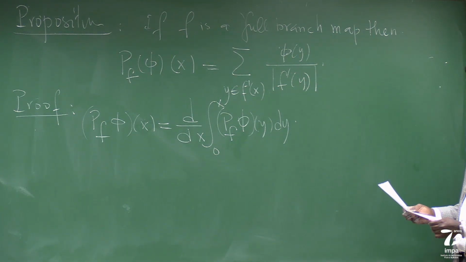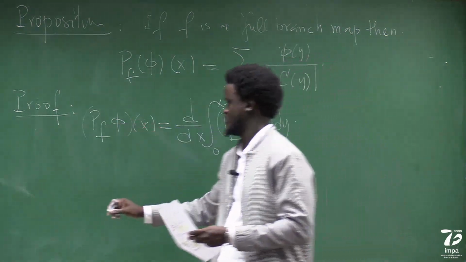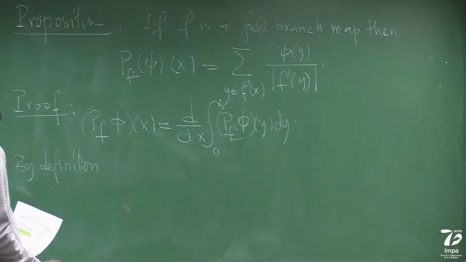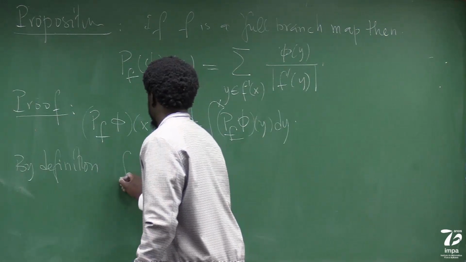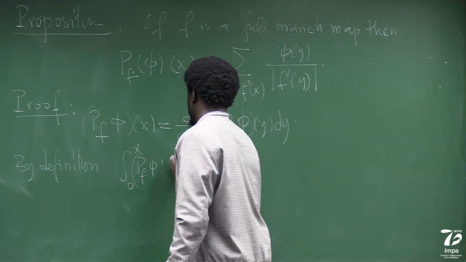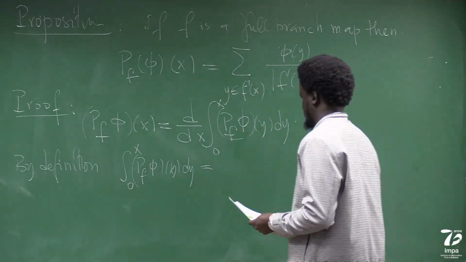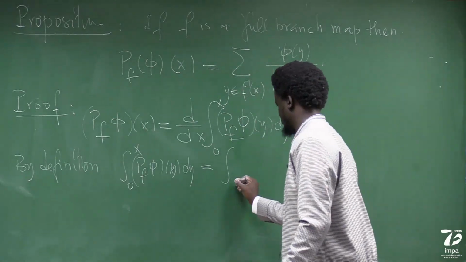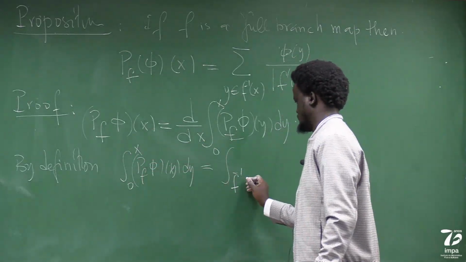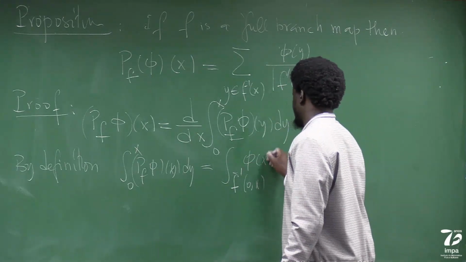And by definition of this operator, the integral from 0 to x of B_F phi at y dy is the integral along F minus 1 of 0 x of phi of x dx.